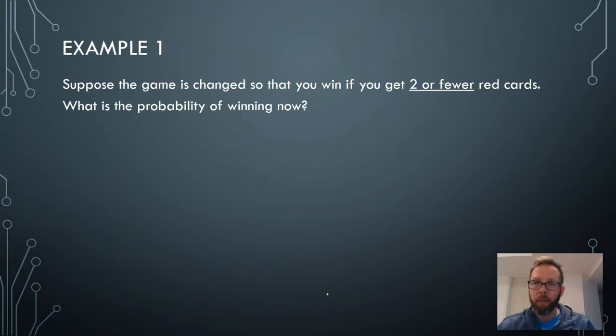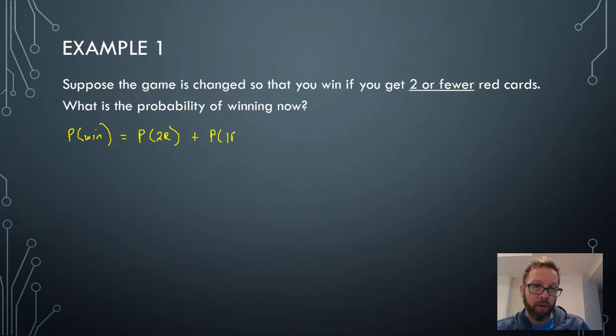So the probability of winning, we're looking for the probability. To get a win, that involves getting 2 red cards, but we could also win if we get fewer than that. So also 1 red card, or also no red cards. So 3 calculations to do here and adding them up. Note that in this question, it's probably easier to do this directly: 2 red cards, 1 red card, 0 red cards. Actually, maybe not easier.